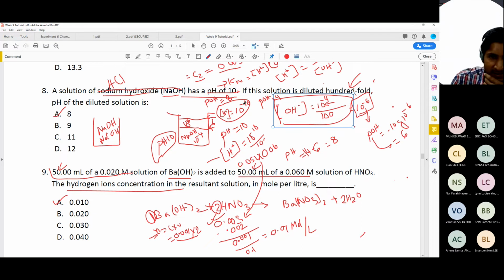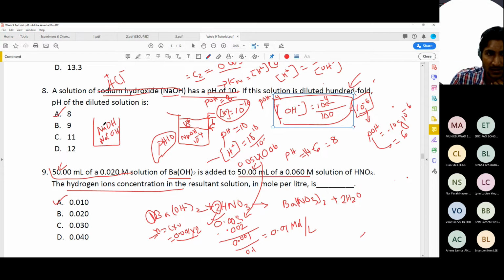It will not be like that anyway. But if it asks me the same thing, I cannot use the hydroxyl ion. I have to convert it to hydrogen ion, because in HCl there will be only hydrogen ion and chloride ion in the solution.